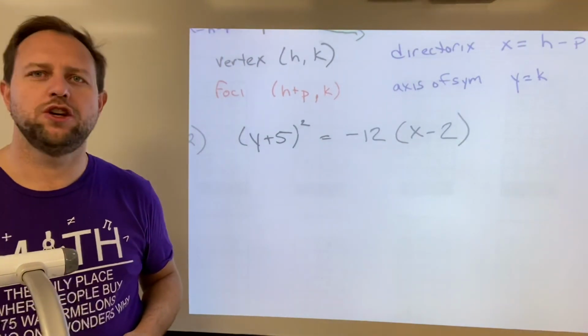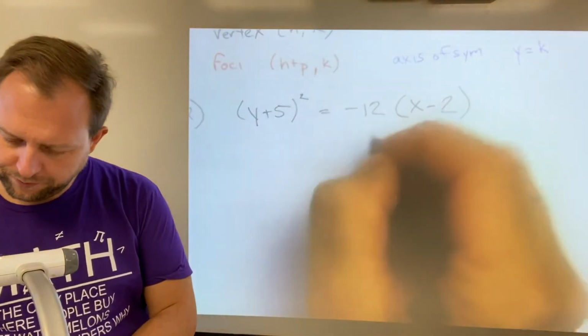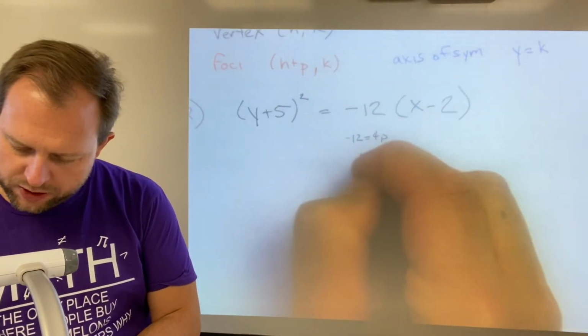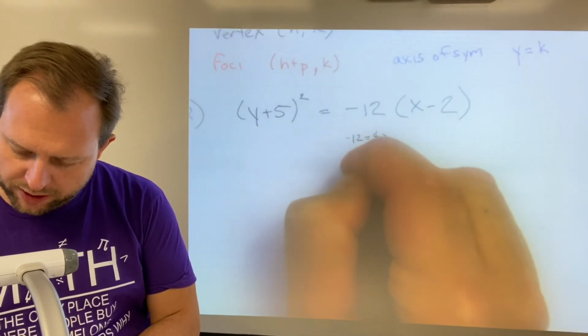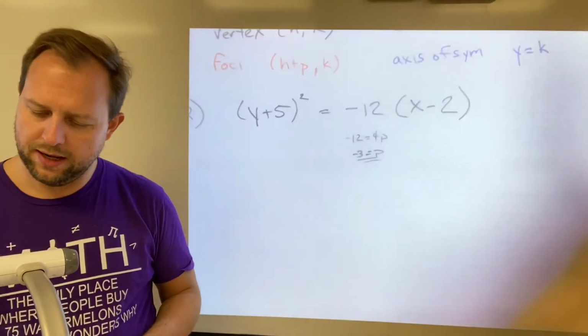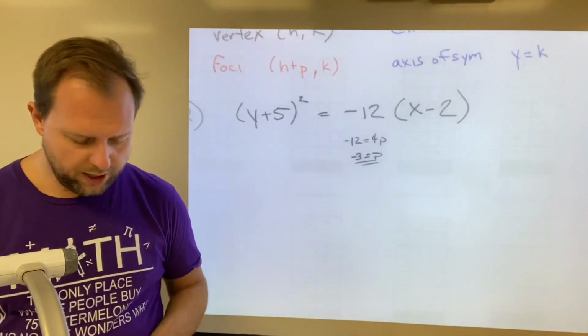First thing we need to do is we can find p quick. So negative 12 is equal to 4p. So that means p is going to equal negative 3, which means we are heading to the left. It's less than 0. Okay?